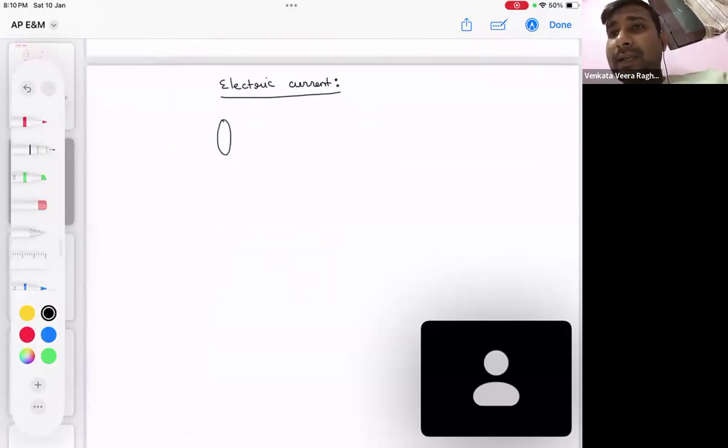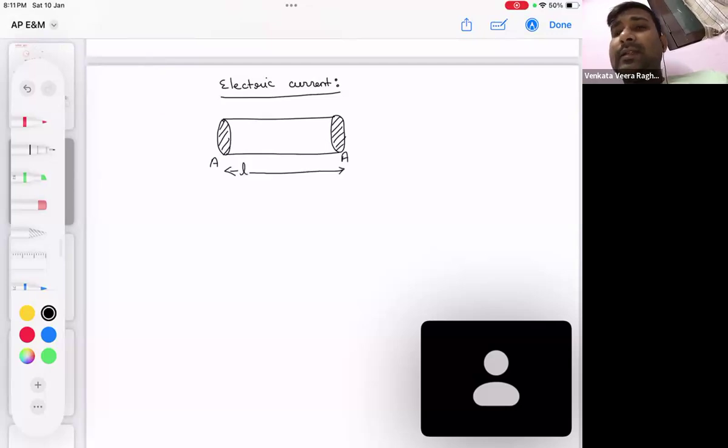Okay, let's say there is a conductor whose area of cross section is A, and the length of the conductor is L. In this conductor free electrons will be there, and in the absence of any external field, who will create that external field?